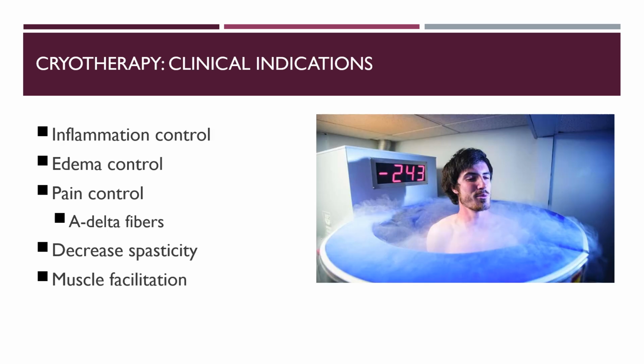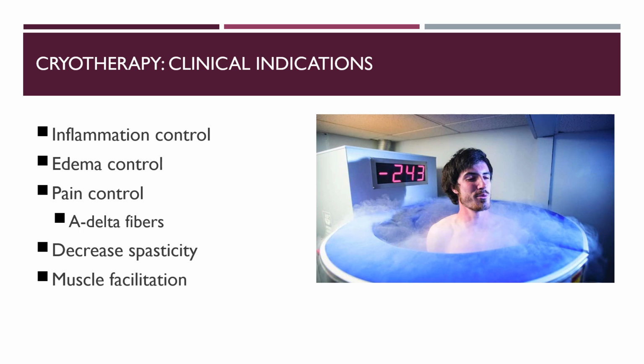So what are some of the clinical indications for cryotherapy? If we see inflammation present, if we see edema or swelling present, if our patient has pain, those are all going to be for sure clinical indications that we would want to apply cryotherapy for.